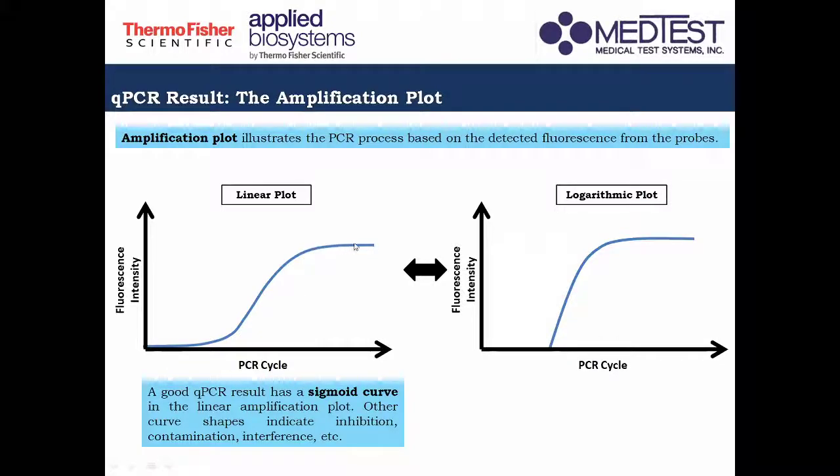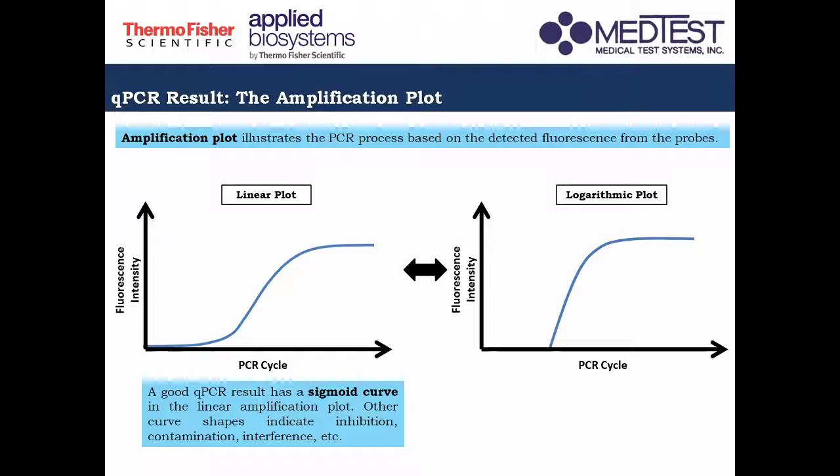So, normally, the first thing that you would want to see in a qPCR instrument is your linear amplification plot. No? So, pag nakita nyo na maganda, na may sigmoid curve yung amplification plot, then that means the PCR run is okay. No?